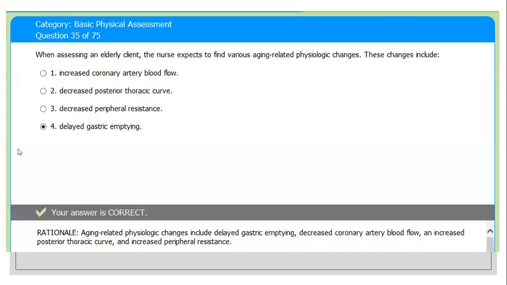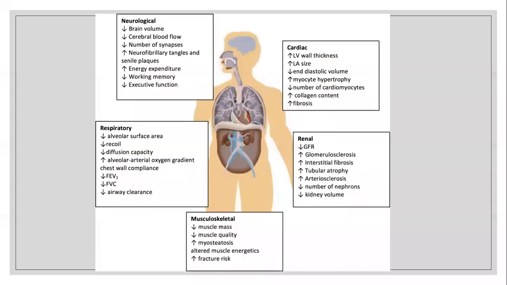What is the correct answer? Delayed gastric emptying. So age-related physiological changes include delayed gastric emptying, decreased coronary artery blood flow, increased posterior thoracic curvature, and increased peripheral resistance. In this picture, we can see neurological changes.